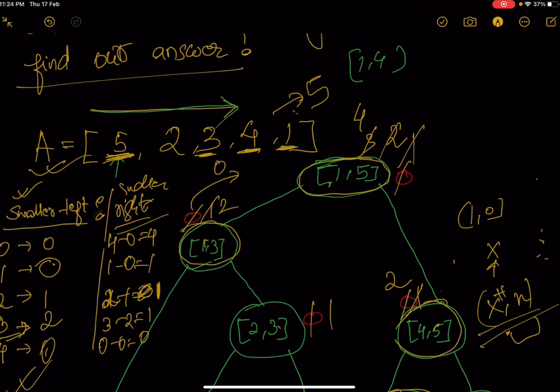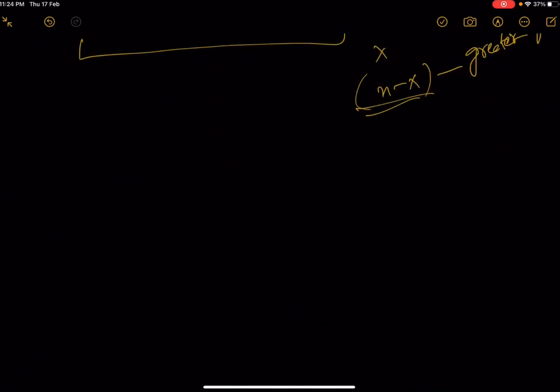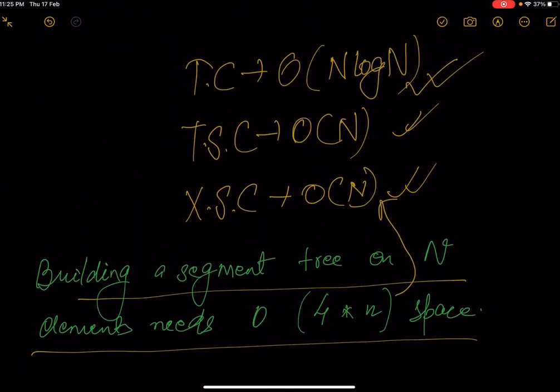So obviously the number of nodes created in the segment tree is not the same as the number of elements in the array; it's somewhat greater. It is said that the maximum number of nodes in a segment tree won't exceed 4 times n. So you need an order of 4 times n space, or asymptotically order of n.